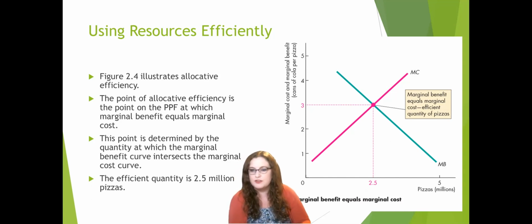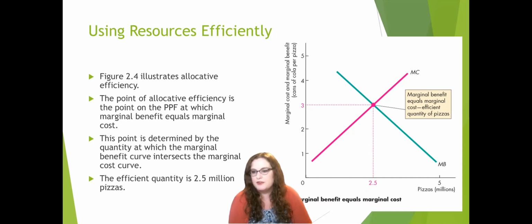So being production efficient is being on the production possibility frontier. To be allocatively efficient, we want to be where marginal cost equals marginal benefit. Because look right there, where those lines cross. That's real nice right there. So the point of allocative efficiency is the point on the PPF at which marginal cost is equal to marginal benefit. Here we see we're at about 2.5 million pizzas. At that point, what we would give up for an additional pizza is about 3 sodas.